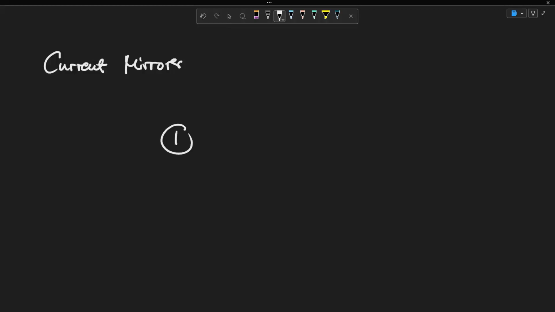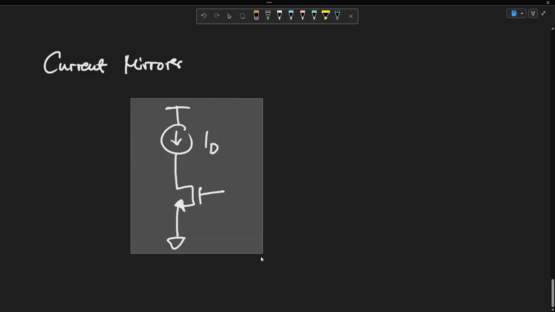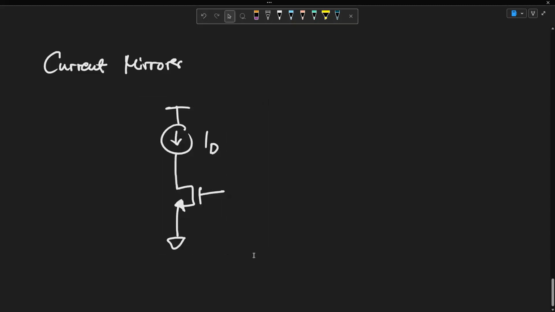Let's say that I have a current source here. Ano bang ginagawa ng current source? Well, gumagawa siya ng current. Kaso, kinonect ko siya sa isang MOSFET. So, ano nangyari dun sa MOSFET?